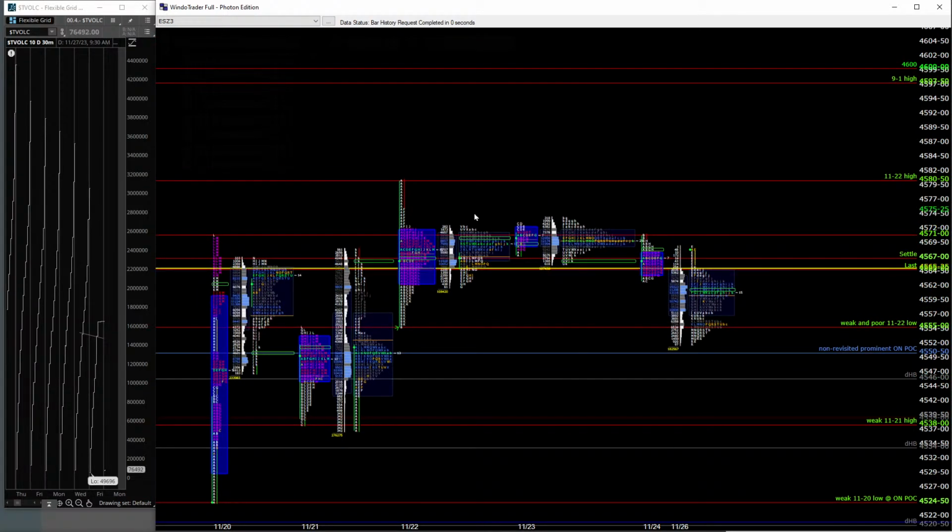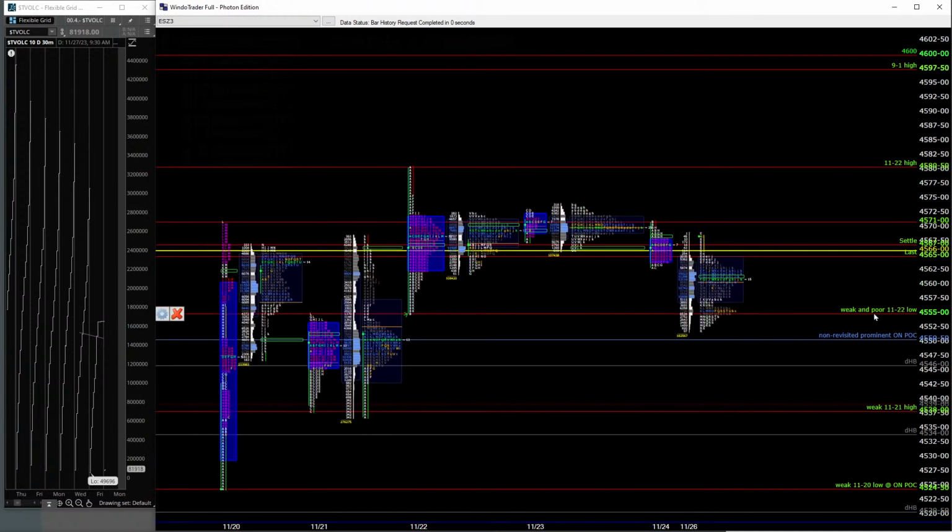We have long inventory here. Very prominent. Short inventory here. Market also inside previous day, inside last day range, right at the center. Very close to settle.